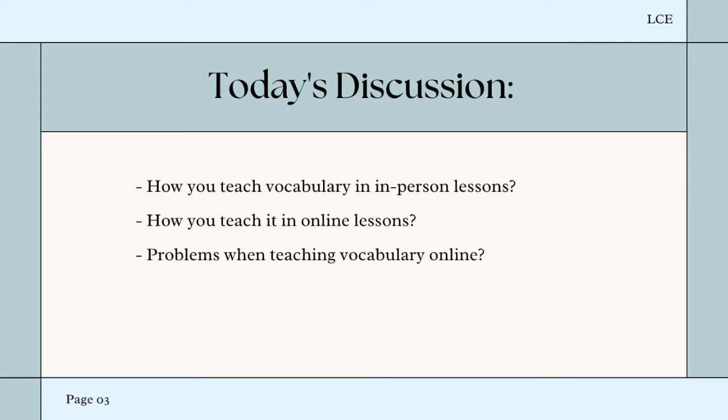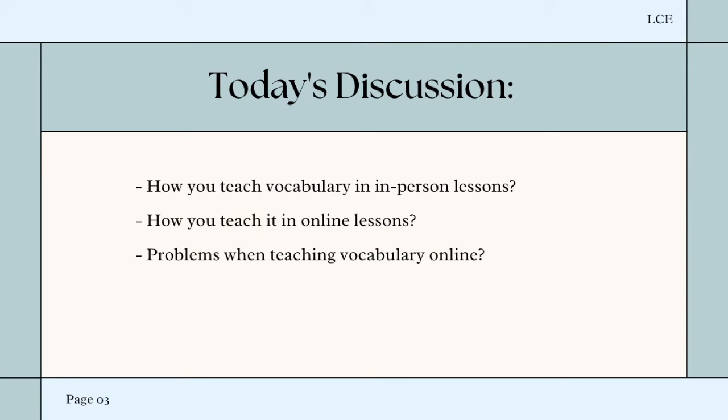So, do you remember the nature of teaching vocabulary? Yes, the nature of a vocabulary lesson is to provide our students with the knowledge of the words. It means that you provide your students with the spelling of the word, the pronunciation of the word, the meaning, and the usage of the word.